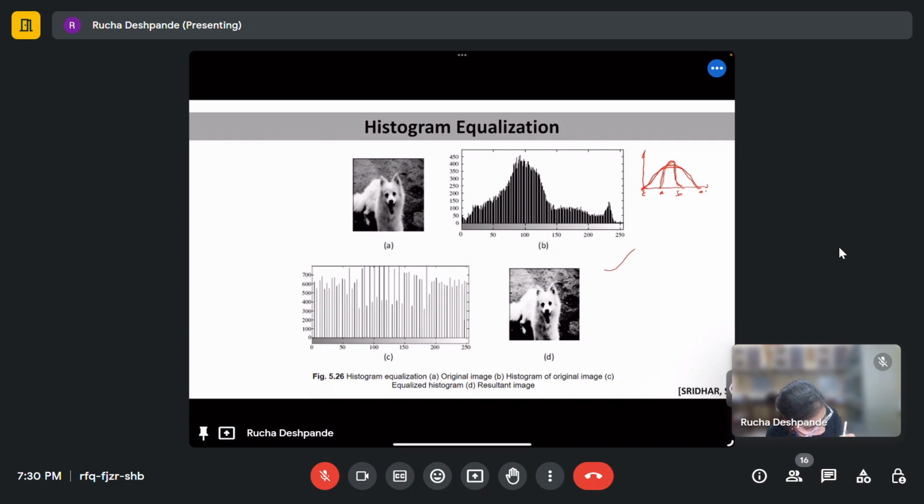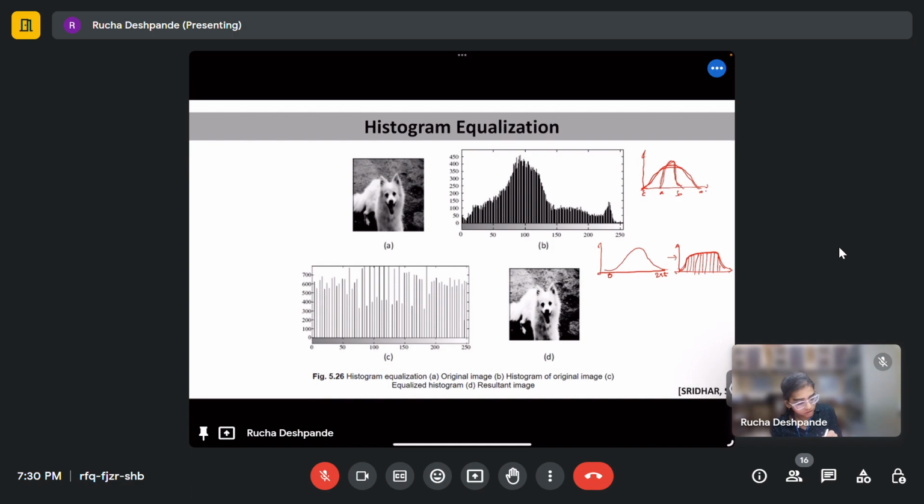Suppose this is the input histogram. We try to make it such that all the intensities, if this is 0 to 255, have approximately similar frequencies after the equalization.